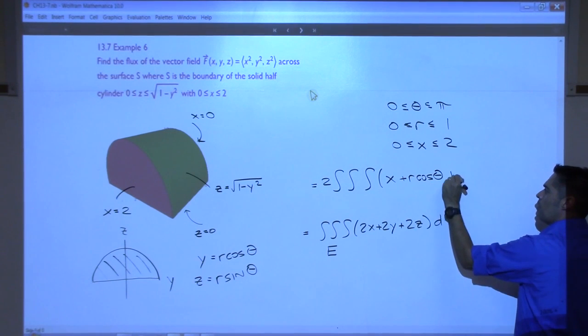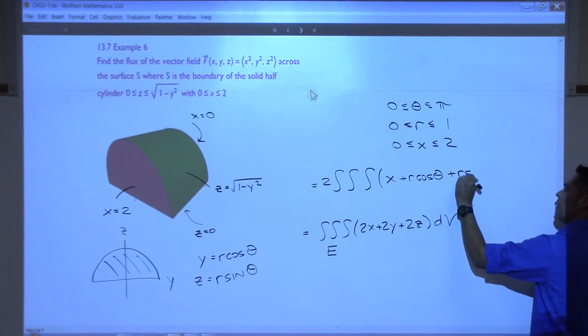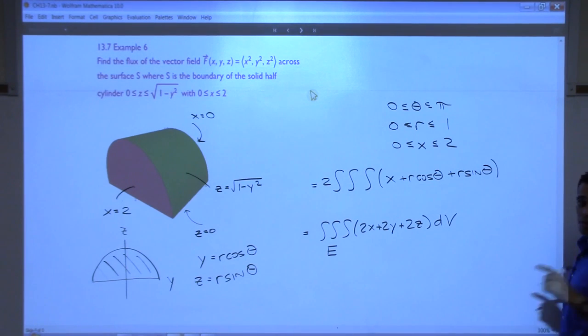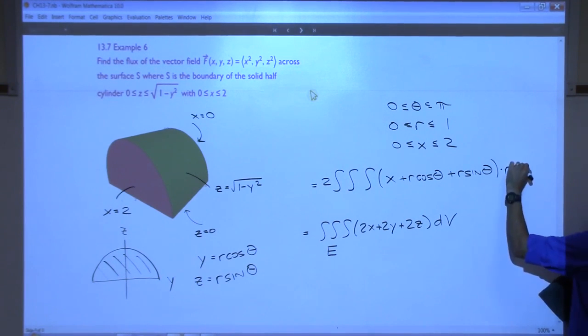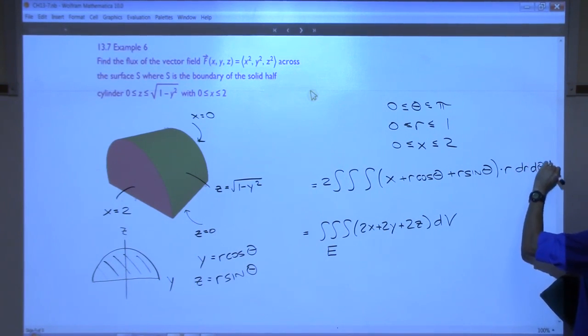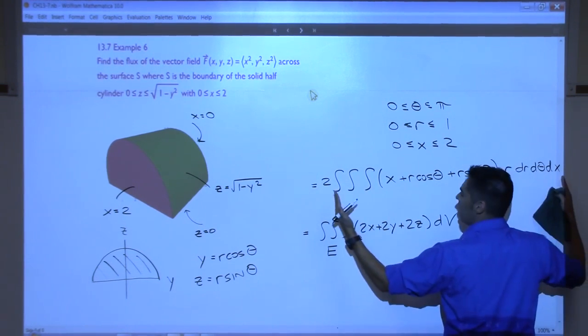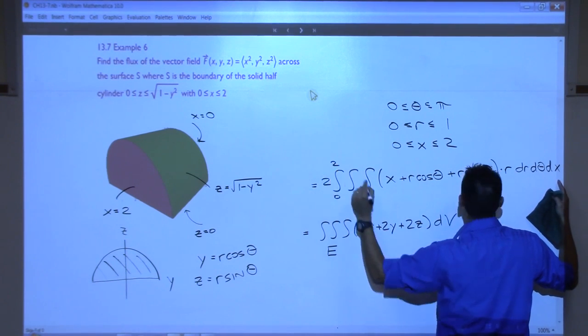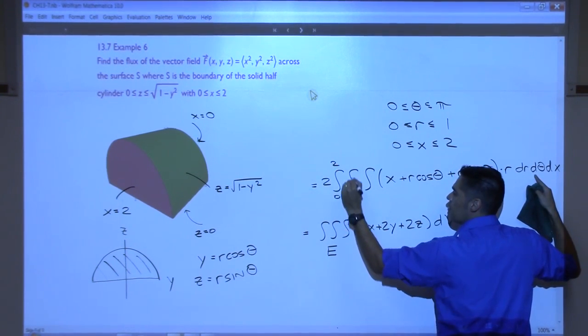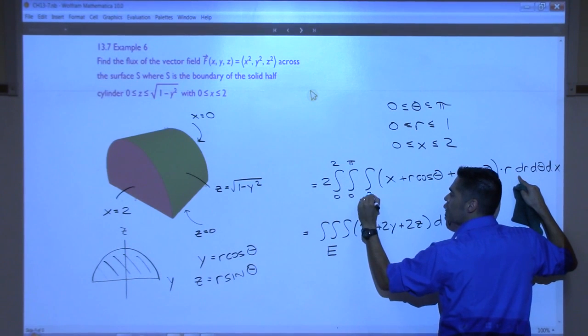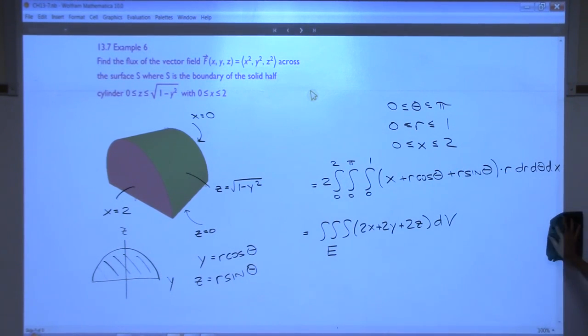And then plus, what was z? r sine theta. All times r, because we did do a conversion, right? Cylindrical is polar, so I have to put an r. And then I have d theta, dr, dx. I can go in any order I want. I'm just going to go dr, d theta, dx. And then I'll put my limits. I'll start from the outside in. x goes from 0 to 2. Theta goes from 0 to pi. And r goes from 0 to 1. Good?